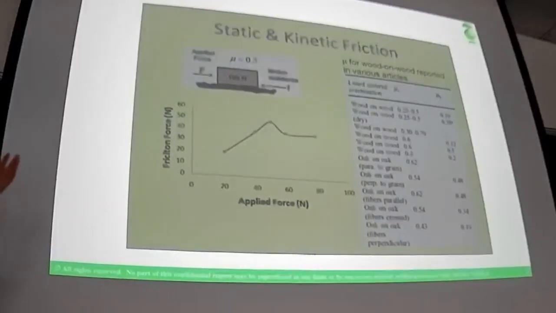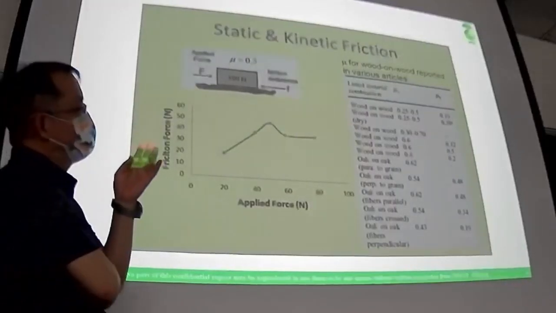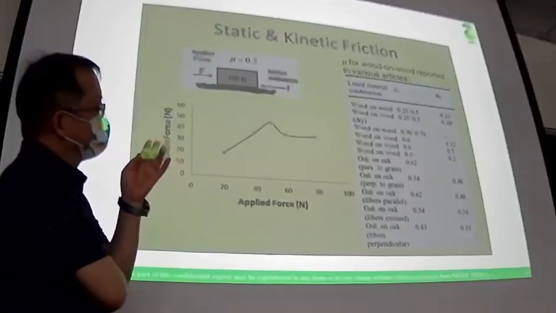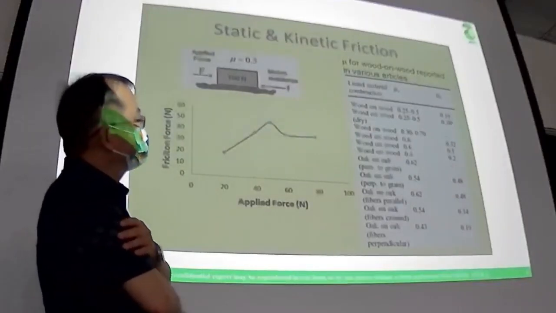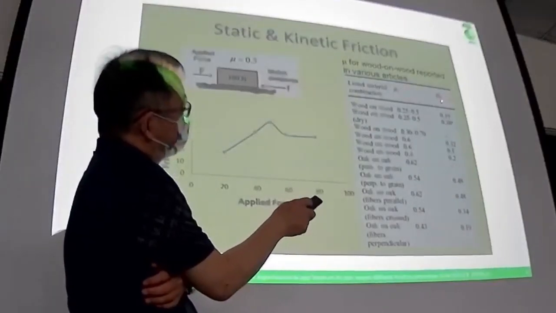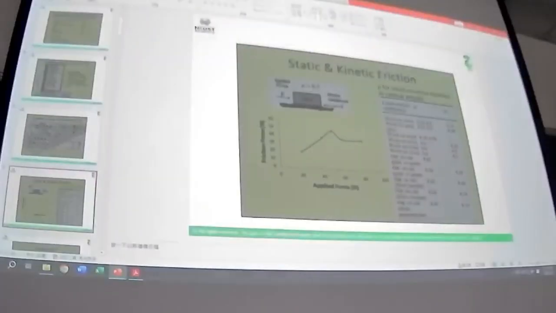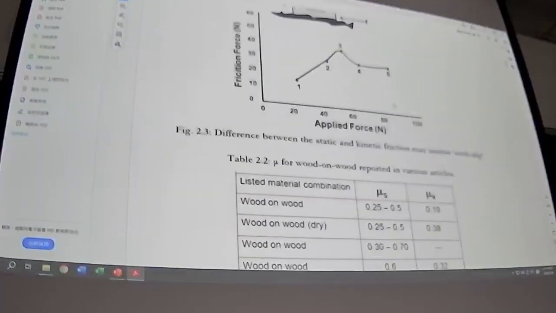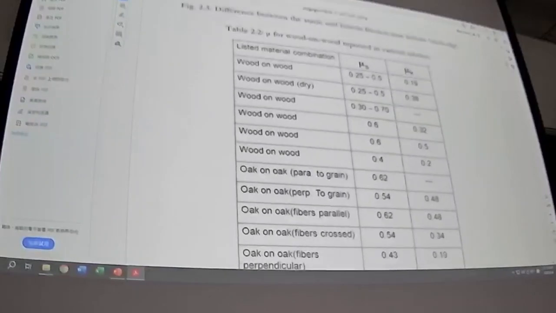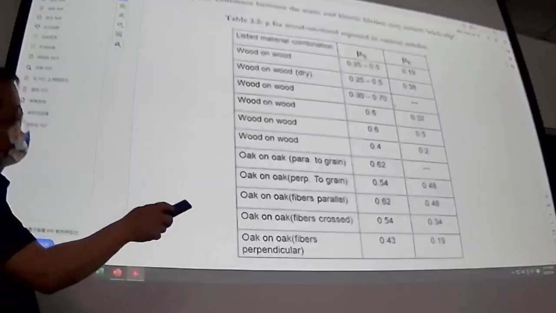We all know we have the coefficient of static friction and the coefficient of dynamic or kinetic friction. So we have a subscript S and a subscript K, static and kinetic.